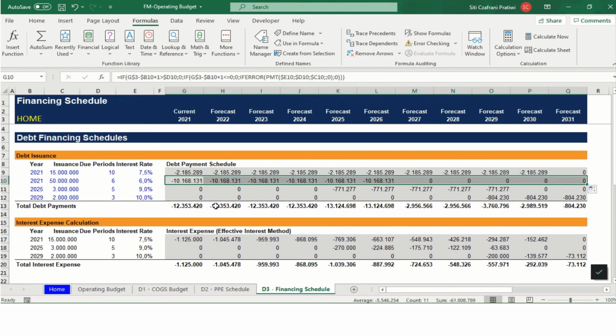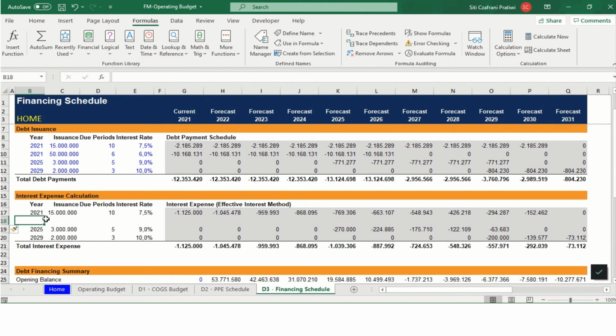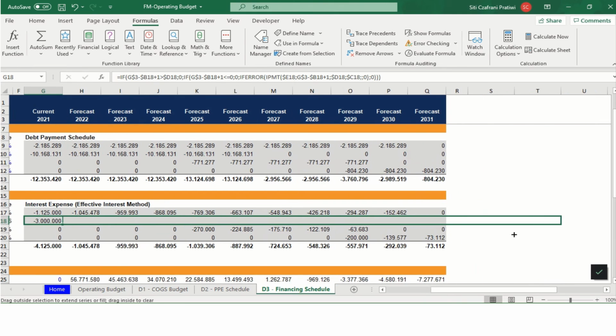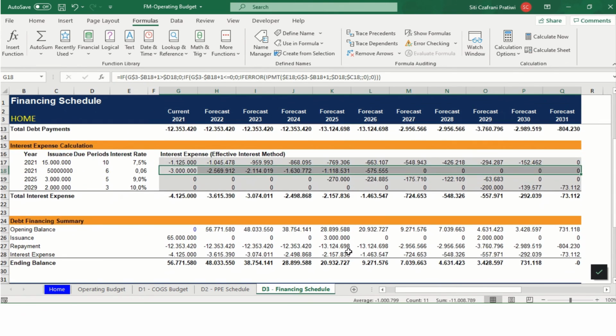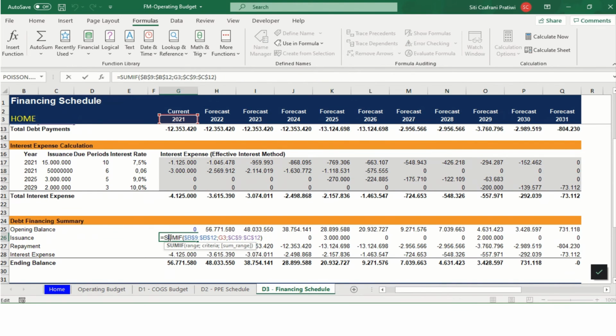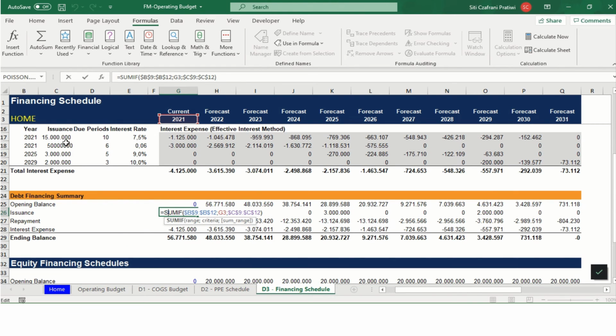Okay, and in the interest expense calculation, we simply add the new debt here. And for the interest expense calculation, we also can simply copy the rest of the formula here. And here it states in year 2021, your debt issuance is not only 15 million, but 15 million added by 50 million here.